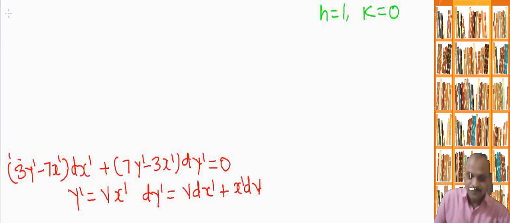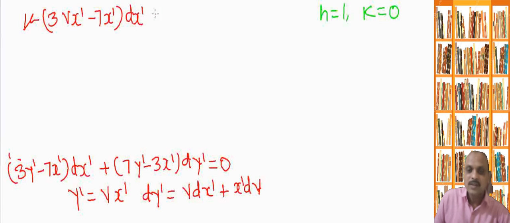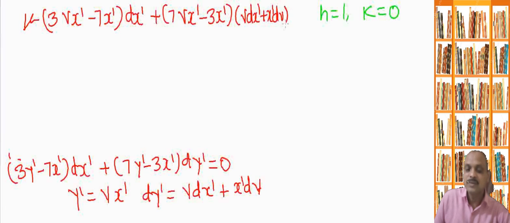Now substitution gives 3y', which means 3vx' − 7x', into dx' plus 7y', which means 7vx' − 3x', into (v dx' + x' dv) = 0.